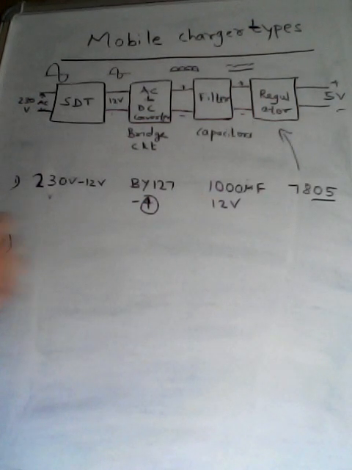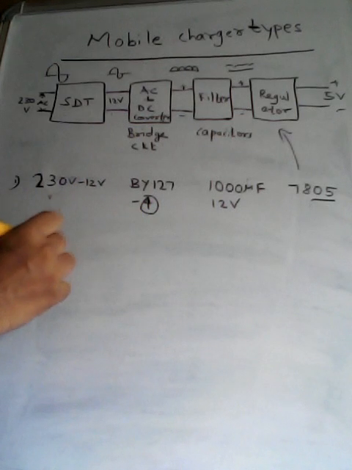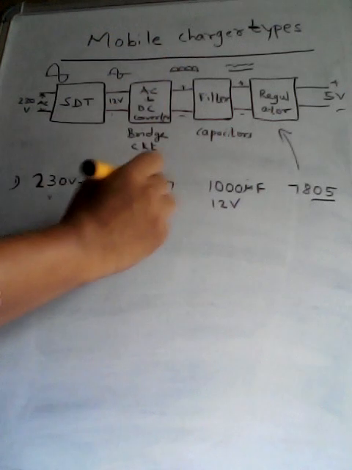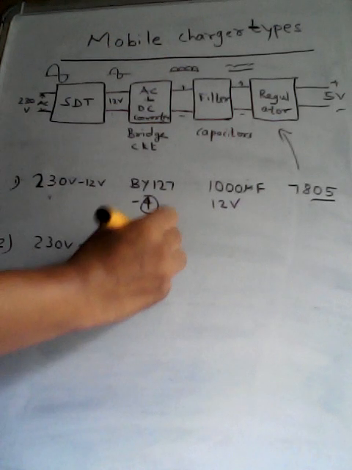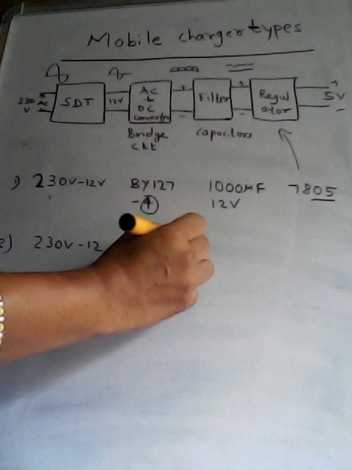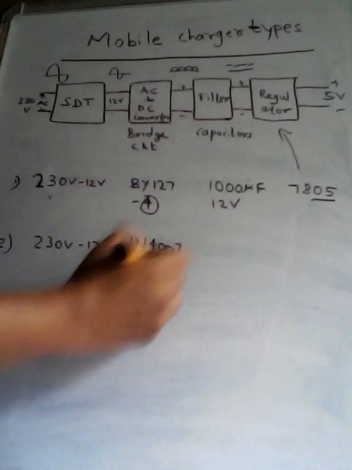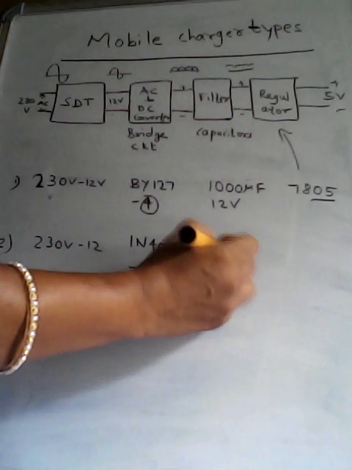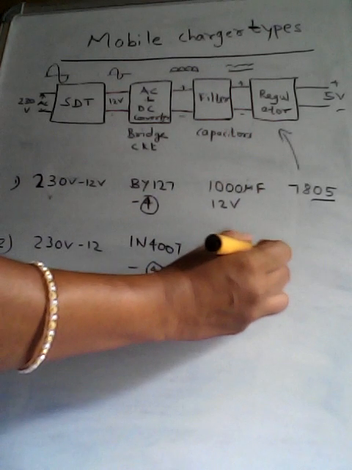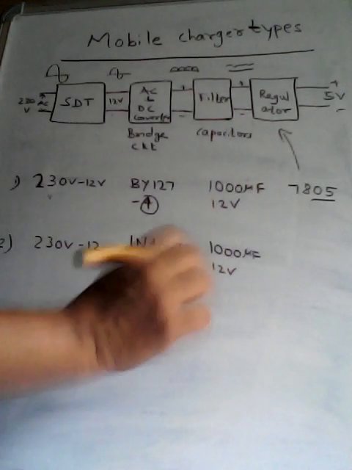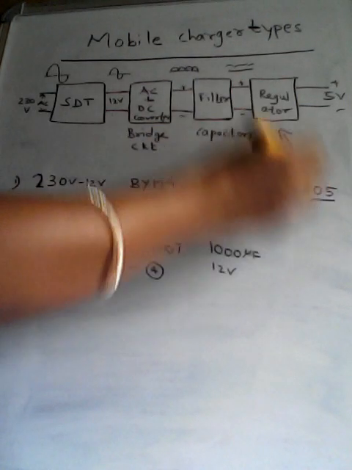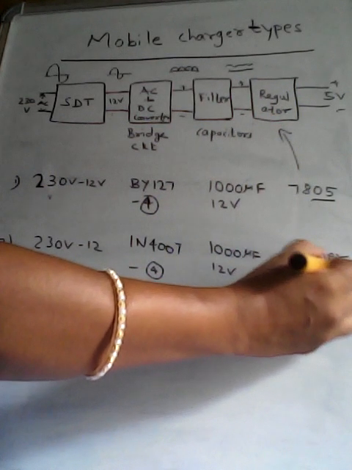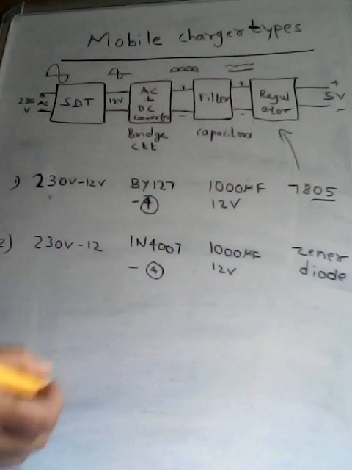So the other method is to make use of a 230 volt 12 volt transformer, and instead of using BY127 we can use 1N4001 or 4007 diodes, 4 such diodes to form the bridge rectifier, and for this we can make use of 1000 microfarad 12 volt capacitor only. And for this regulator we can make use of Zener diode, which operates in the reverse biased mode.